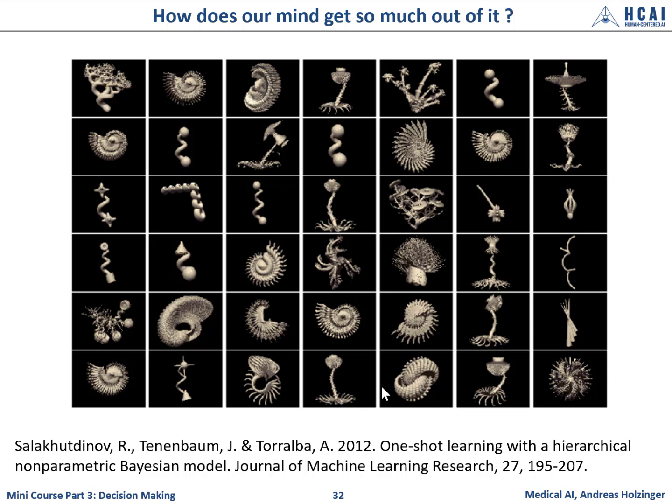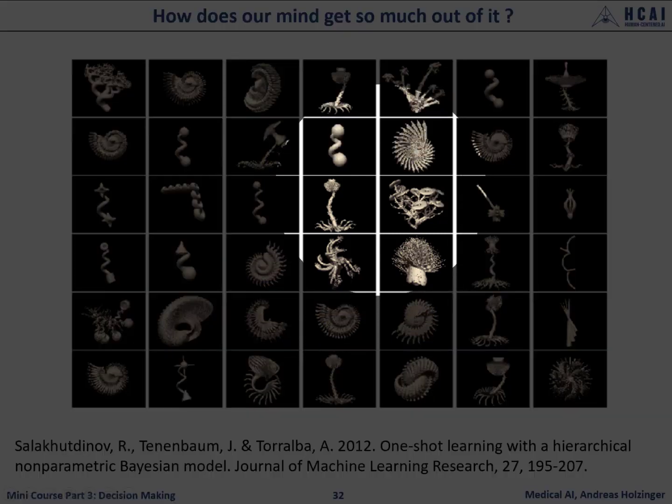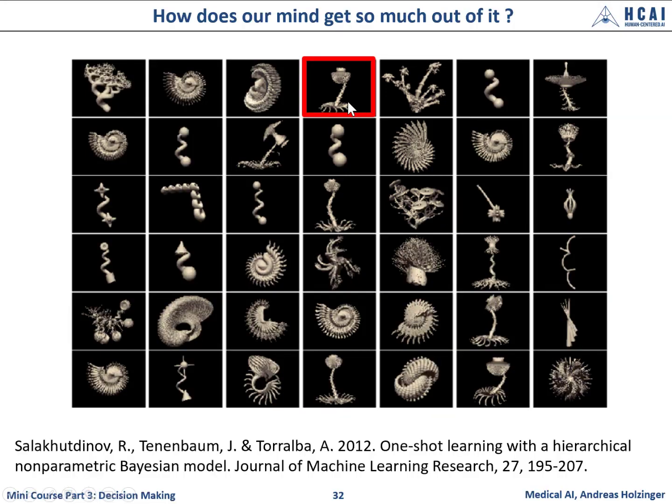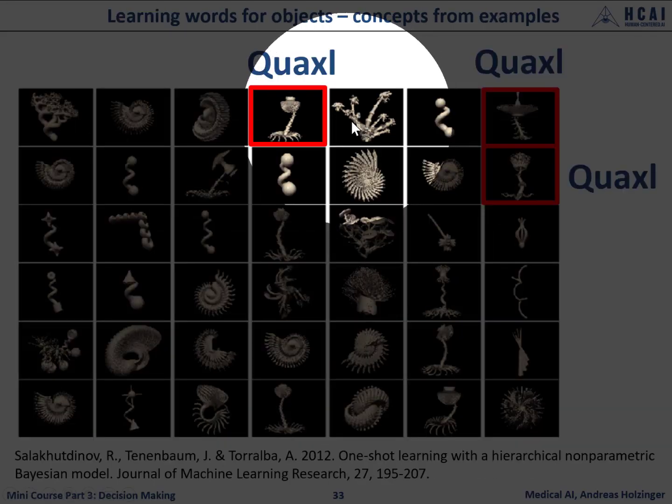Look please on this slide and look at these nice pure fantasy objects. Now I give you an arbitrarily chosen object, and I select one and give it a name, for example this one, and say this is a quaxel, okay?